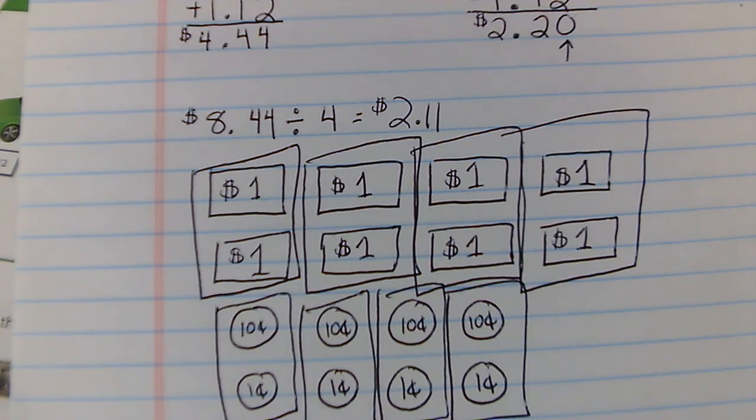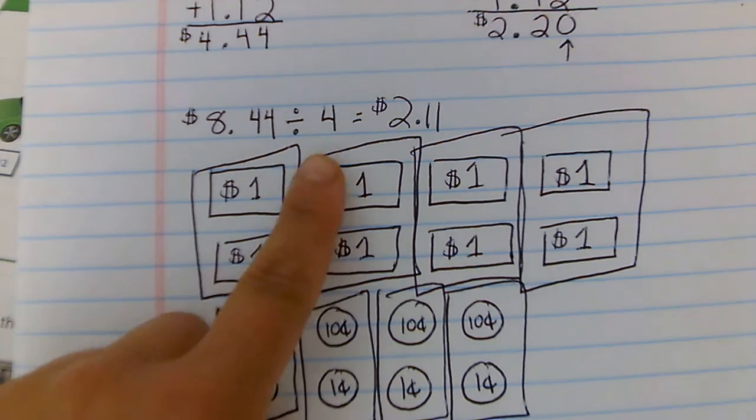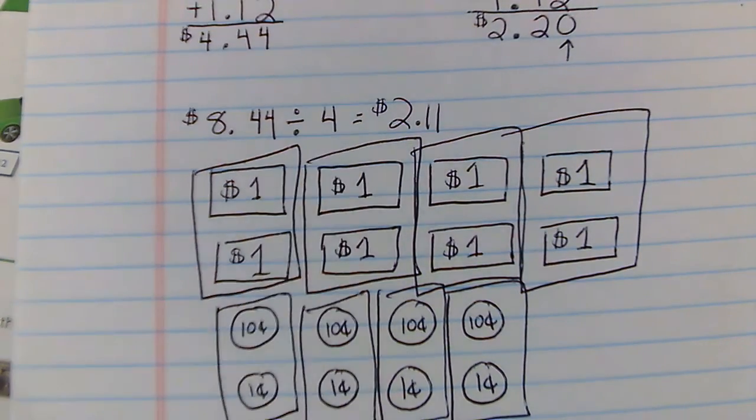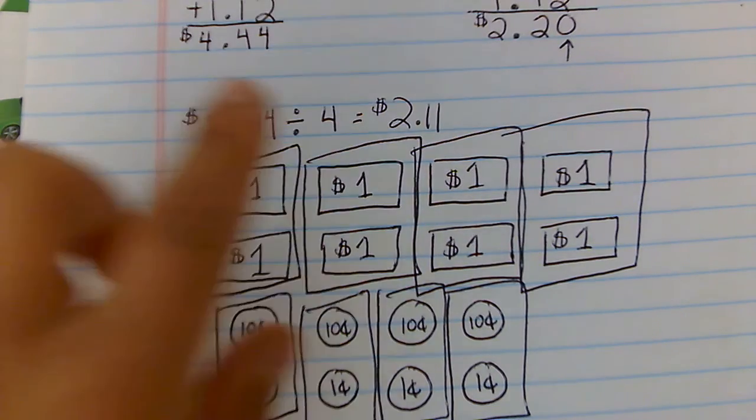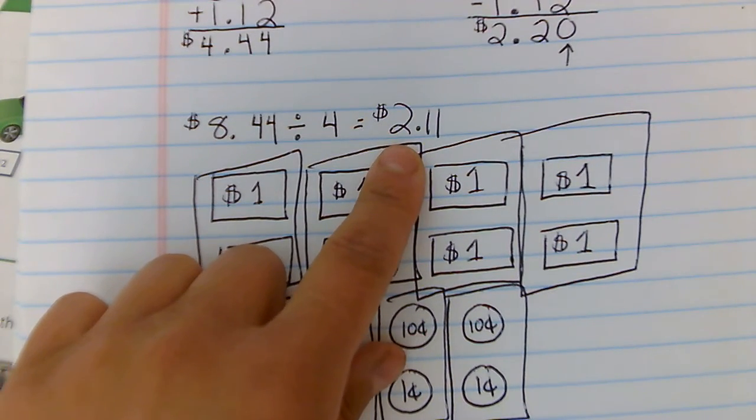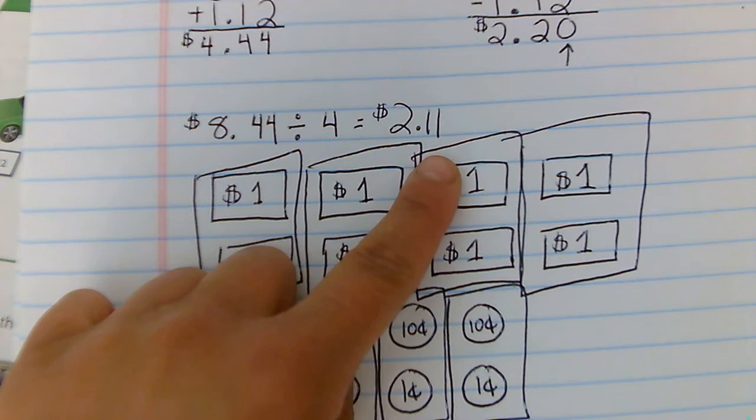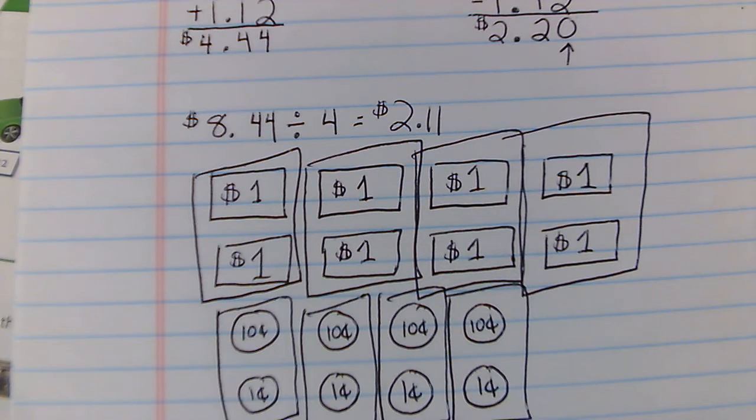So that is how you would do it by drawing out each of the bills. For division, that's what you want to do. Draw it out and then break it up into however many groups it's asking you to break it up into. And then look, how much is in each group? In this group, there were $2.11 in each one. So that is how you're going to do money.